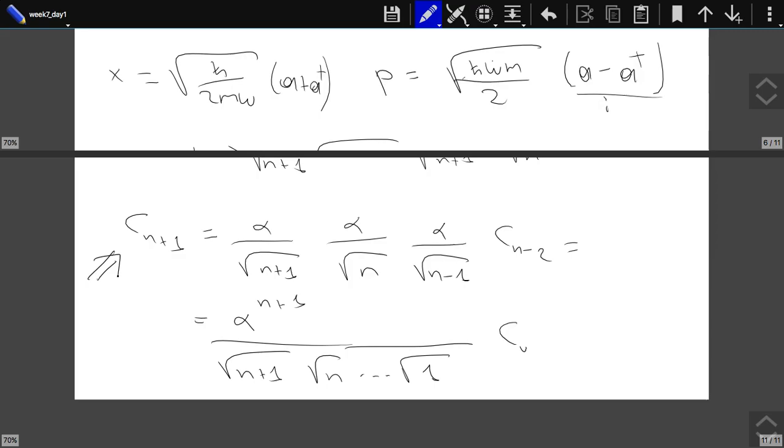And the first denominator contains 1 over square root of n plus 1, the index of the left-hand side. The last one is 1 larger than the last index, which is 0. 1 larger than 0 is 1.